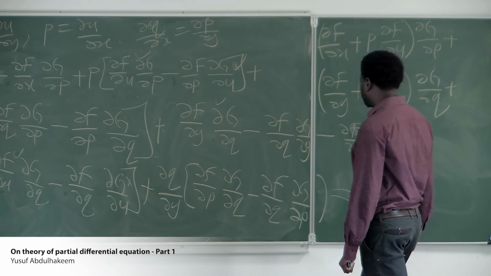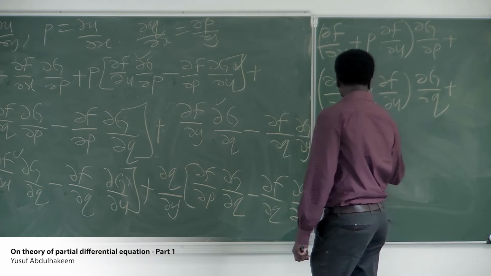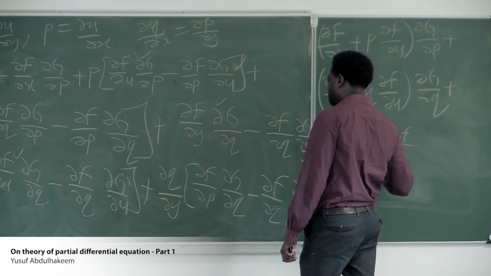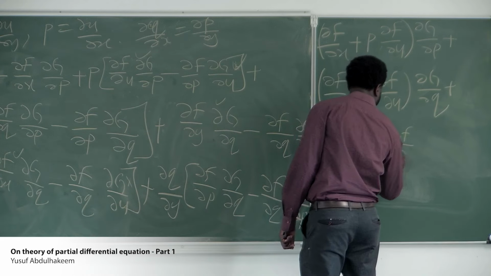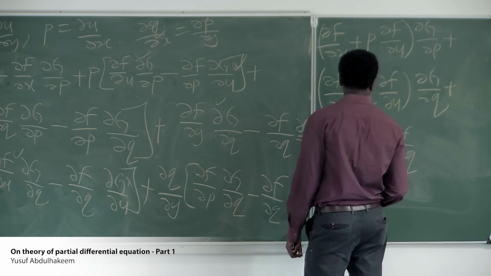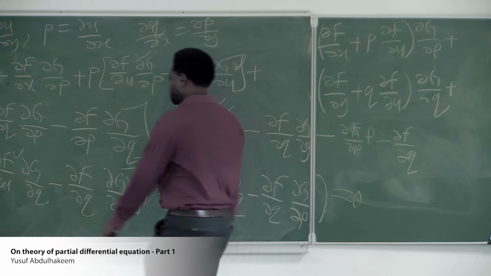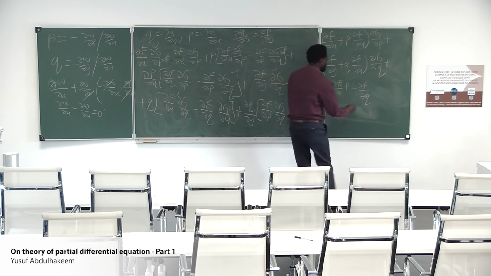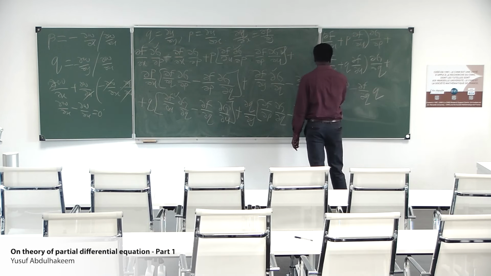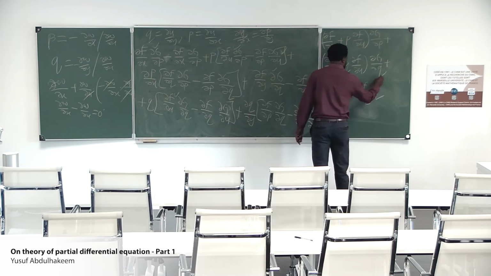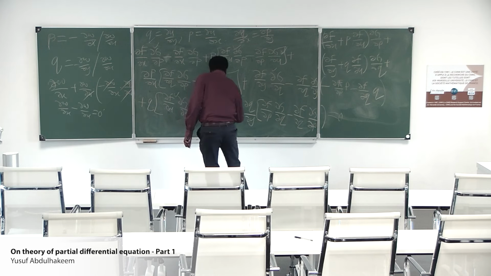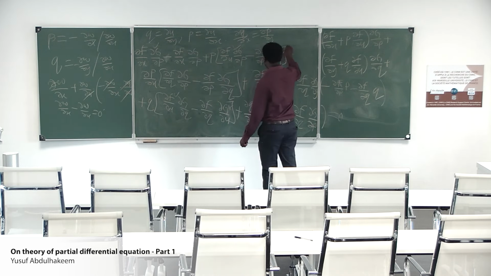So that means we have minus ∂F, then we have ∂Q. Then of course, because of this Q here, we have another Q here. We can cover this. So that means this one is out. This one is also out.